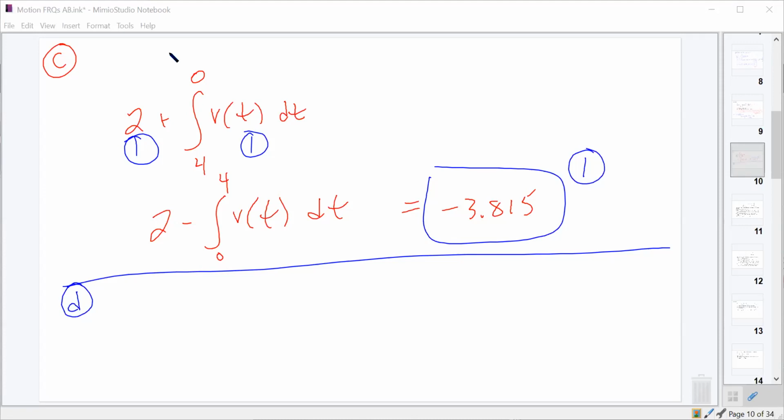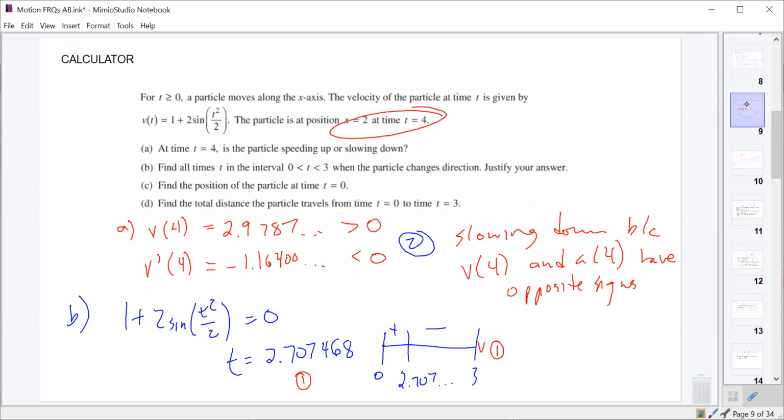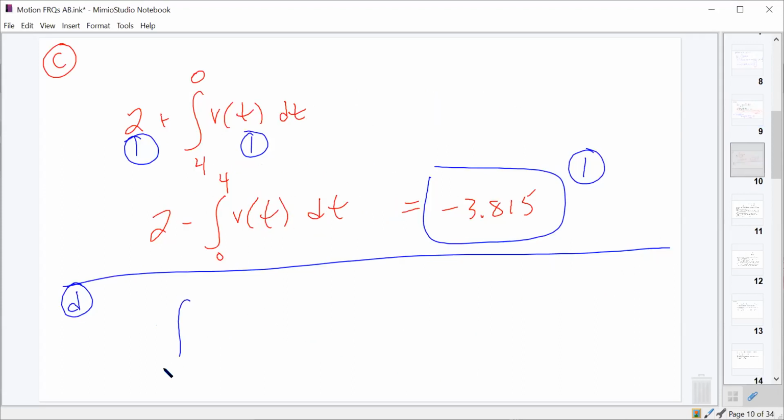Nope. All right, so for part D, we want to find the total distance the particle travels from t equals 0 to t equals 3. Total distance should just be the integral of the speed, or in this case, an integral from 0 to 3 of the absolute value of our velocity function.